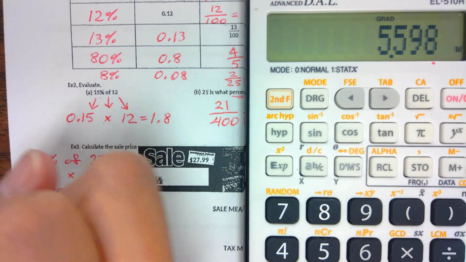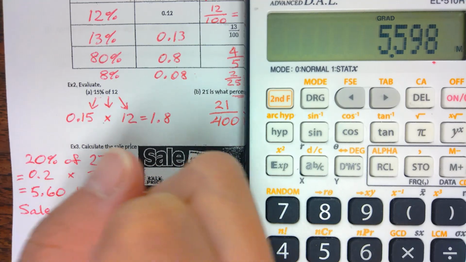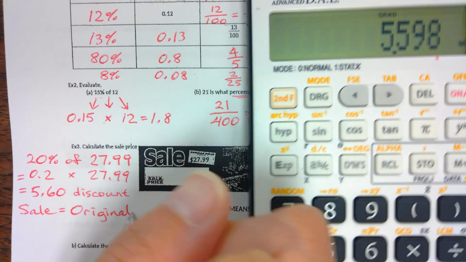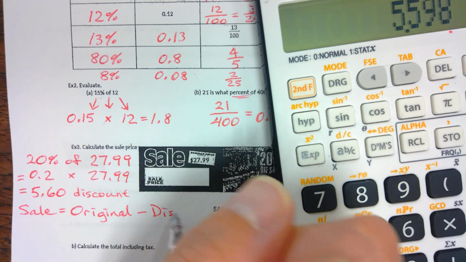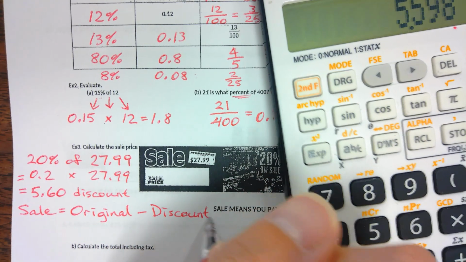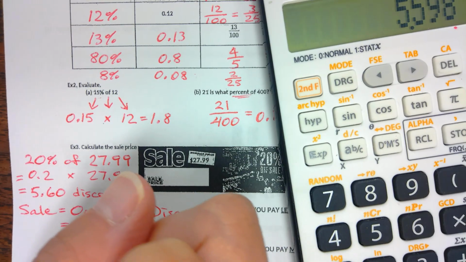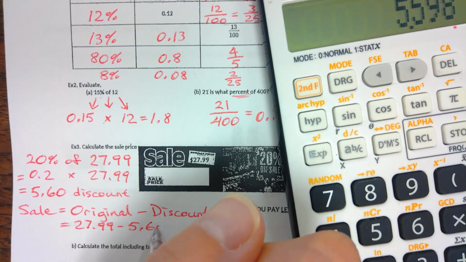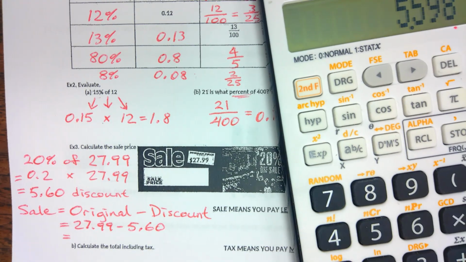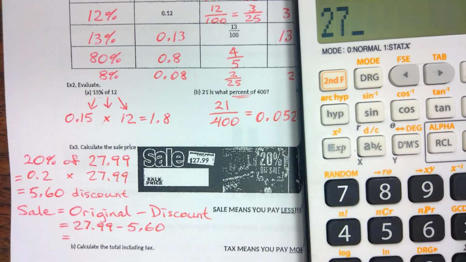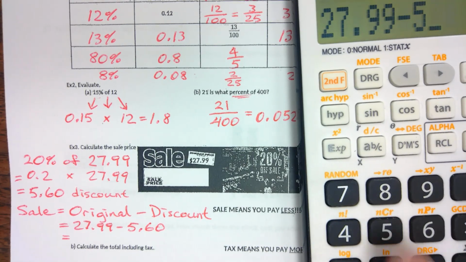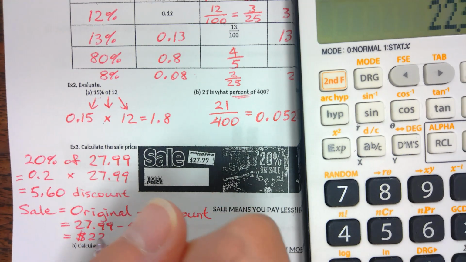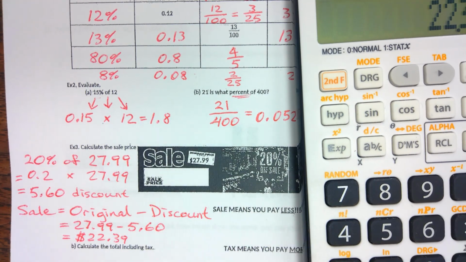So my sale price equals my original minus the discount. $27.99 minus $5.60, you get $22.39.